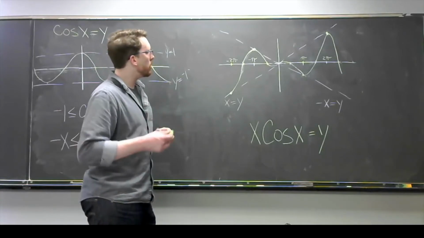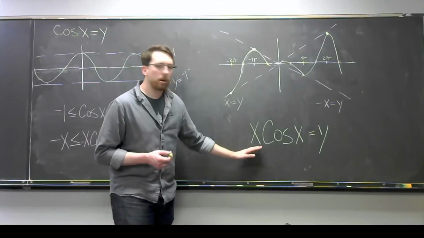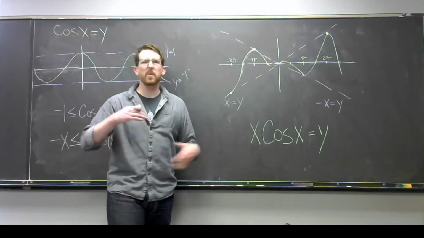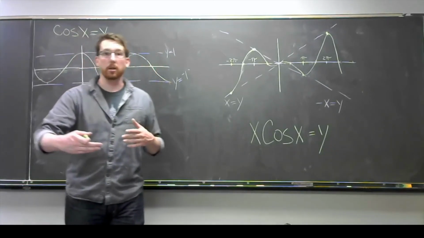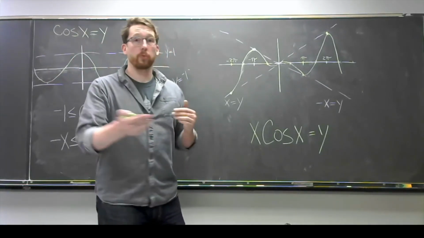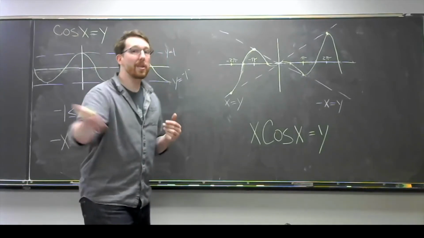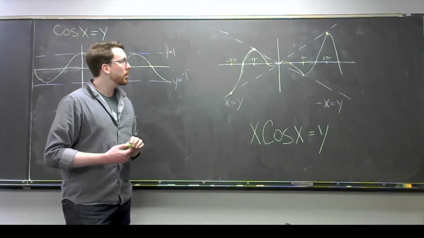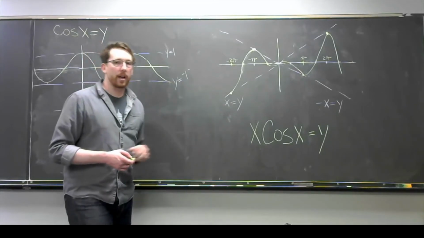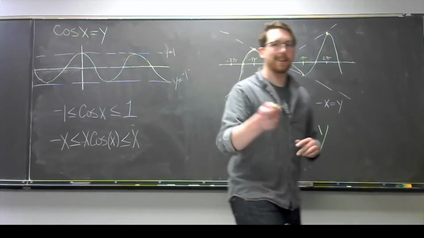So what happens if we use other polynomial functions? What if we used x squared? What if we used an exponential like e to the x? Well, let's look at that. Let's look at x squared times sine next.